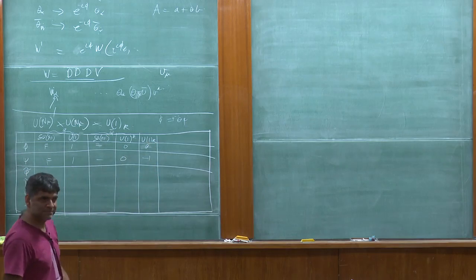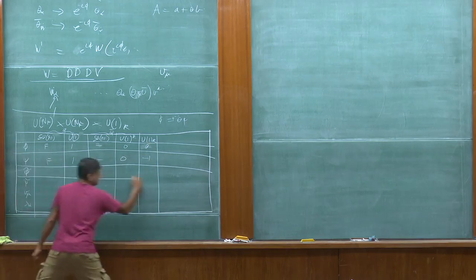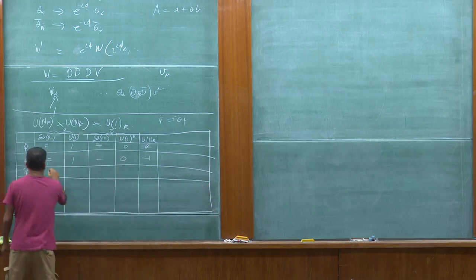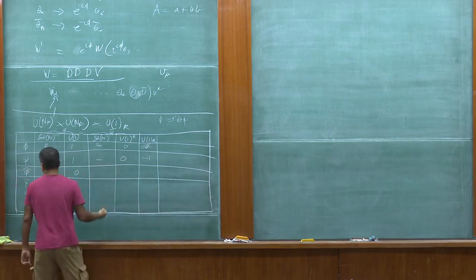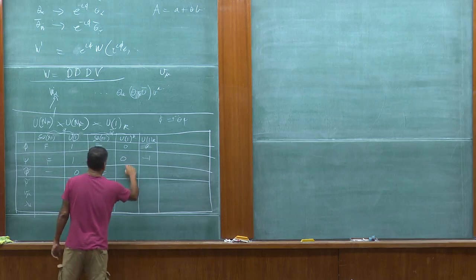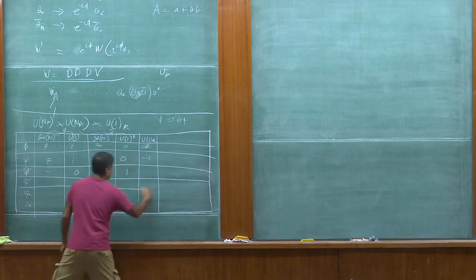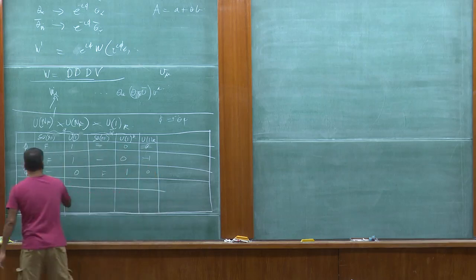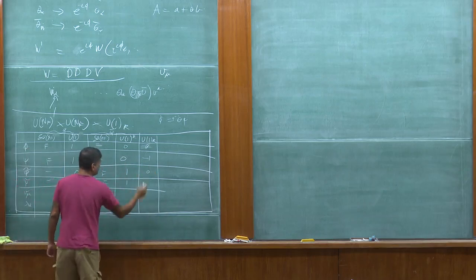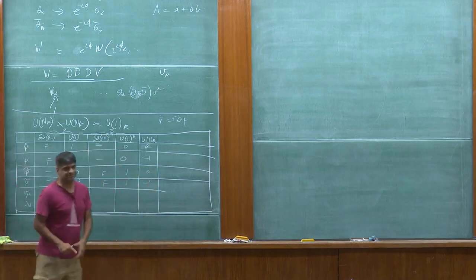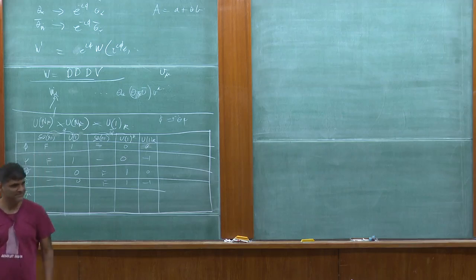Clear? Similarly, if we look at phi tilde, this is 0, fundamental, 1, and charge -1.